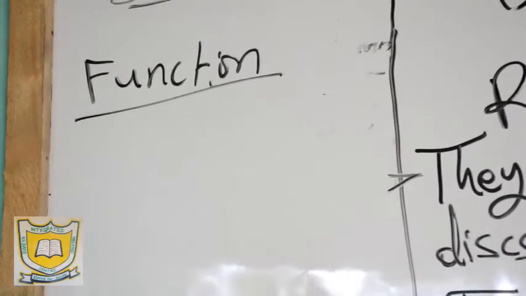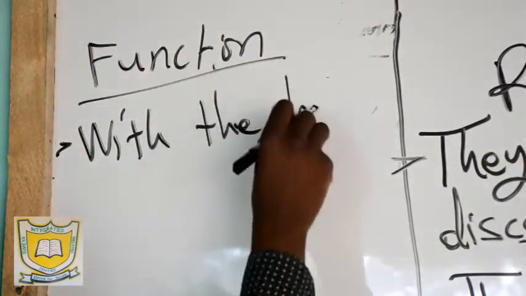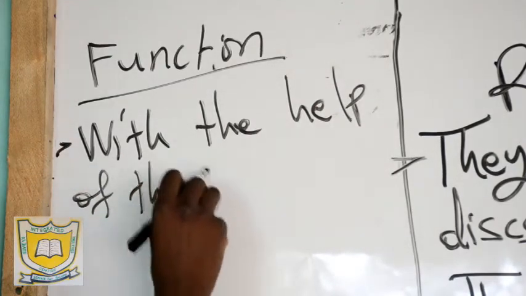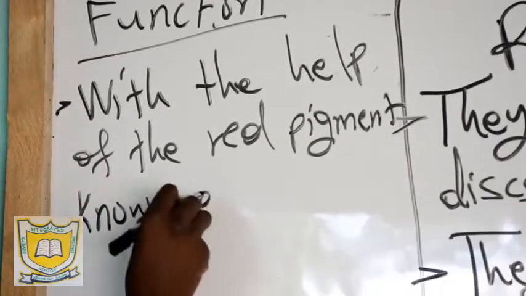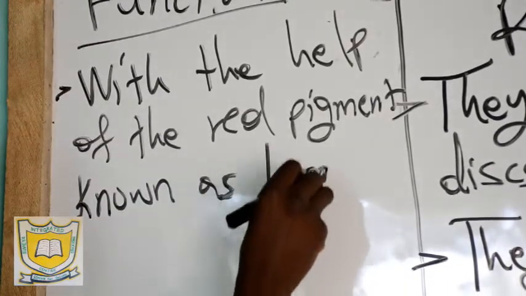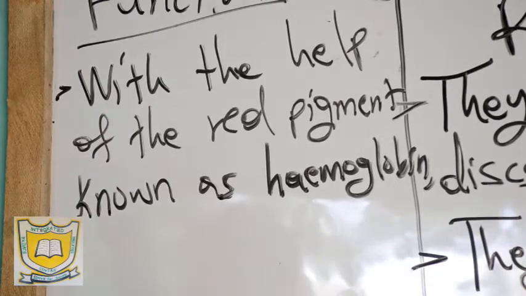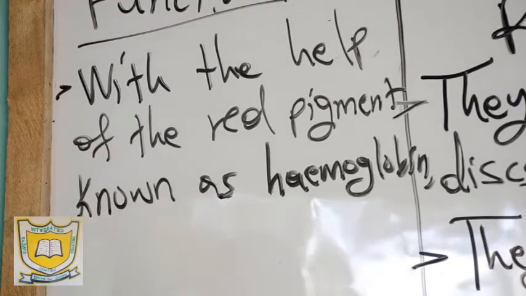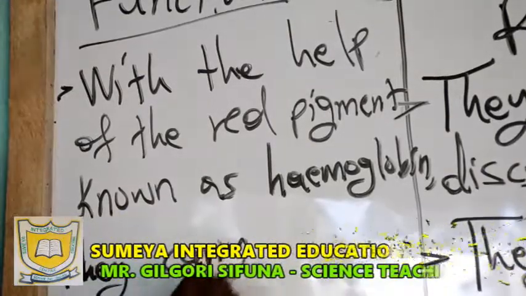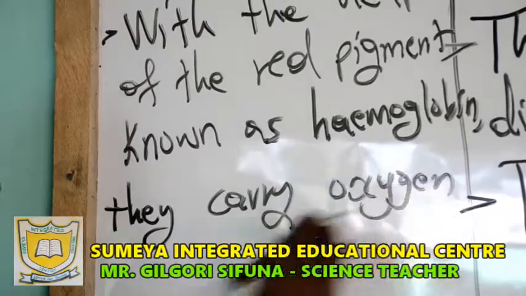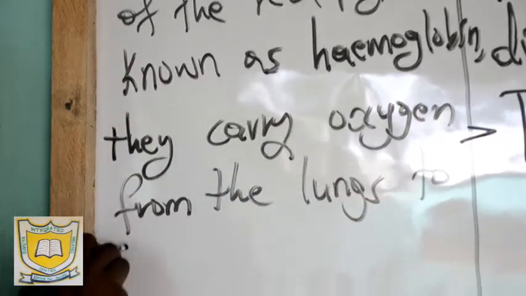The function of red blood cells: with the help of the red pigment known as hemoglobin, they carry oxygen from the lungs to body parts.